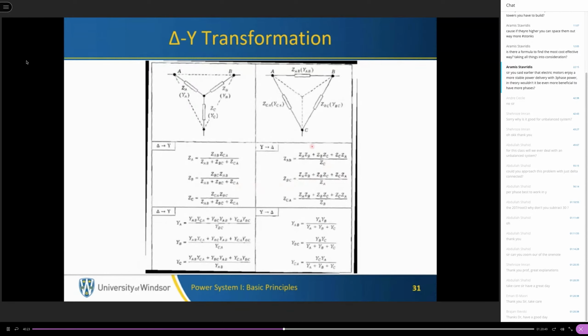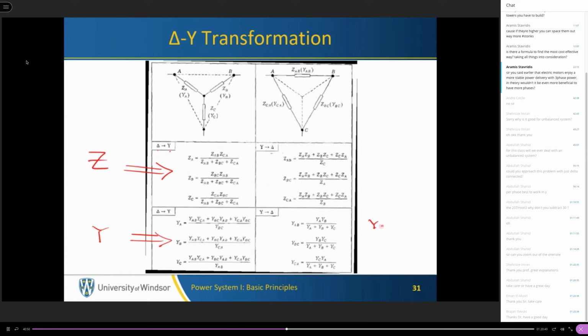And you always have this table to convert from star connected loads to delta connected loads. This is how we convert from delta to star, and this is from star to delta. The first set of equations here is for the impedance. The second set of equations is for conductance, and the conductance is the inverse of the impedance.